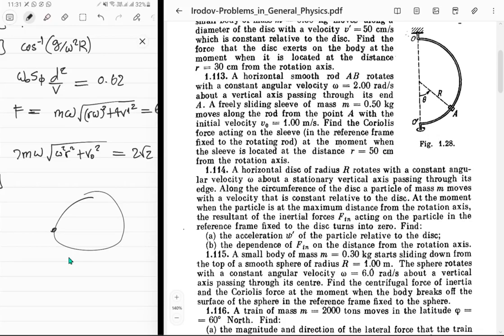The inertial forces Fn acting on the particle. Wait, inertial forces. But this doesn't make sense, because how do you distinguish between inertial forces and non-inertial ones? How do I do that? So, for example, is centrifugal force an inertial force?